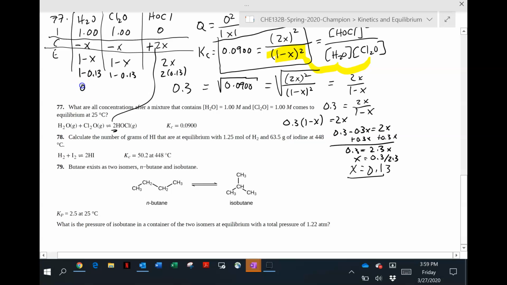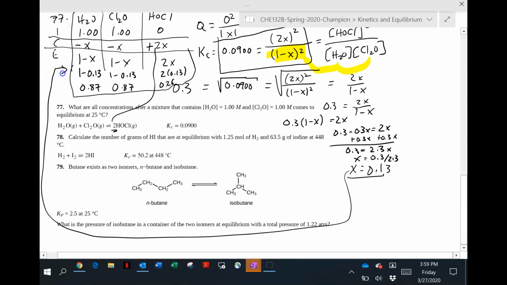So this is 0.87, this is 0.87, and this is 0.26. So this is, again, my E line here. And again, what I've done is I've taken this value right here and run all the way around here and plugged it in to get that.